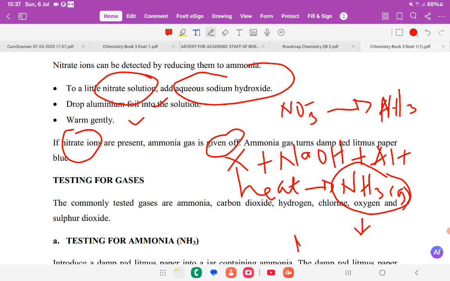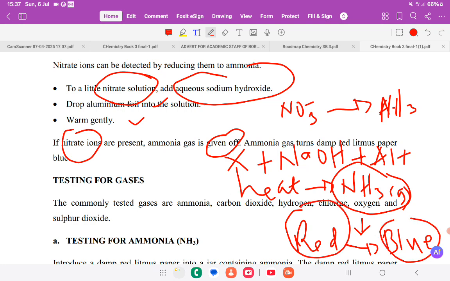It is going to make red litmus paper turn blue. This shows that ammonia is formed, which is a base. Remember that a base will change red litmus paper to blue. Very important.